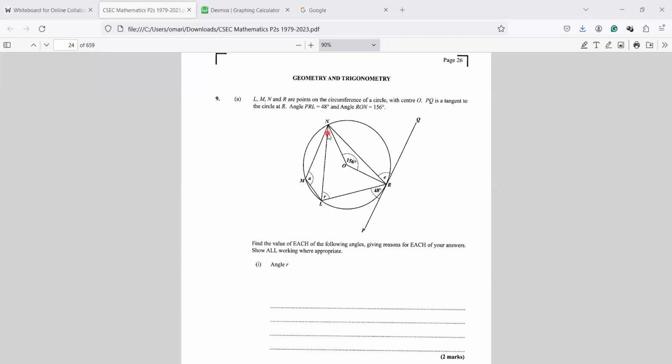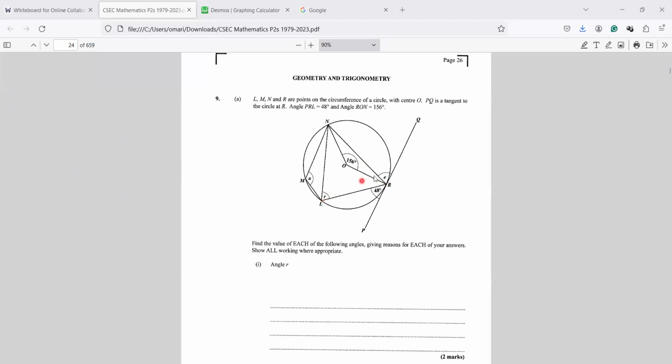The reason that answer is incorrect is because RN is a chord and not the diameter. So if this was the diameter, then angle R would be 90 degrees, right? But that was a good try nonetheless, right?